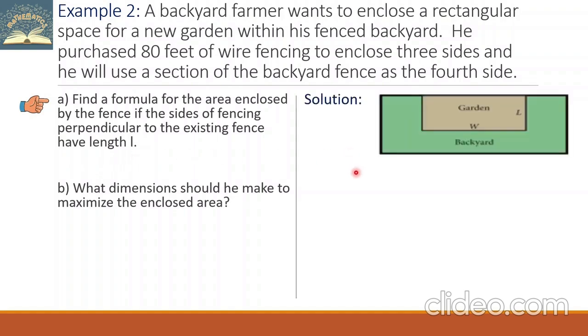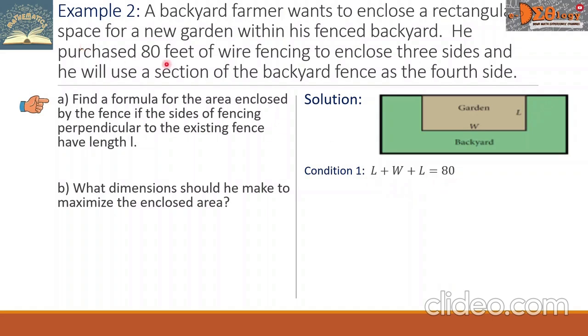First, let us illustrate our problem. So here it is. This is the backyard, and this is the garden as wanted by the farmer. Let this be the side L or length. Another length is here, and this is the side W. For condition 1, it says that length plus W plus length equals 80.